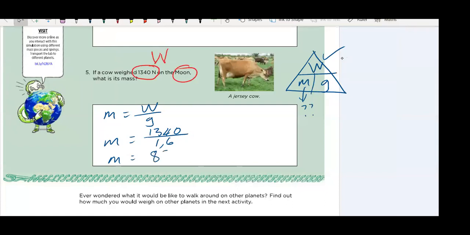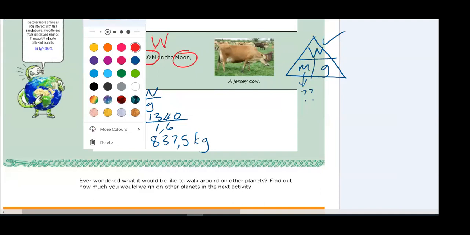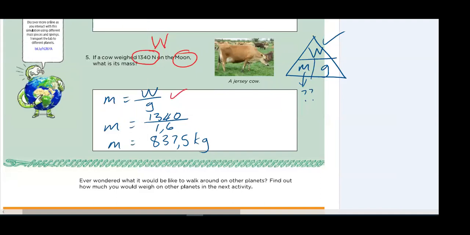This was 837.5. What am I working out? The mass, and the mass will be measured in kilograms this time. All right, so mass is in kilograms. And that's how we solve that. Again, just to give an idea of mark allocation: 1 mark, 2 marks for substitution.